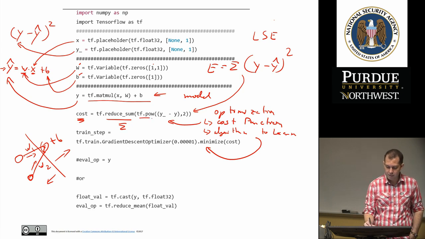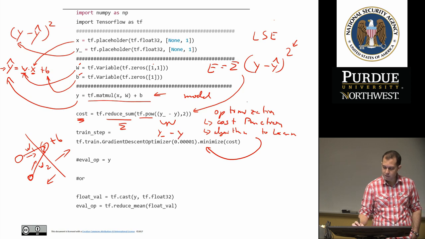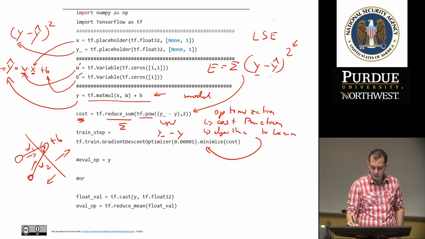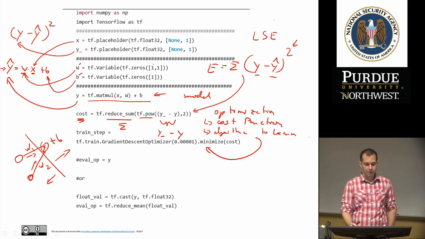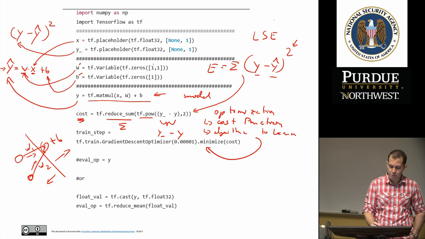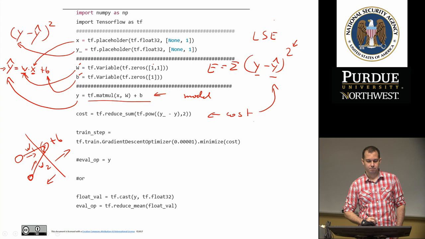And then we have this tf.power, which basically represents the square part. And then within, we have this, right? And you can see that's a y underscore minus y, which is the same as saying the real data minus y hat, so that is our model. So the cost function is captured here in this equation. So now we can say that this is the cost function, basically that.